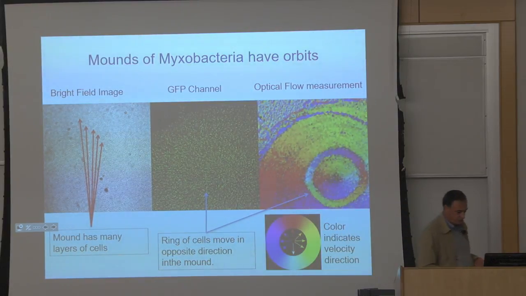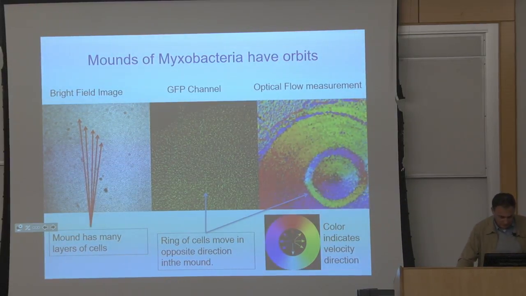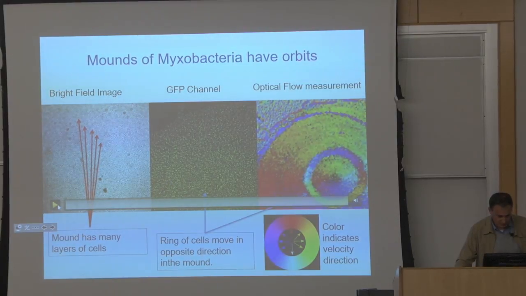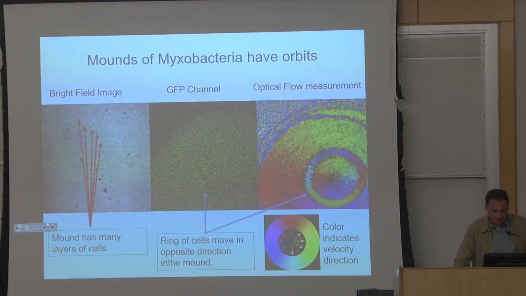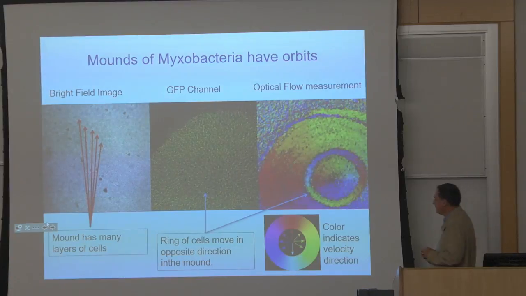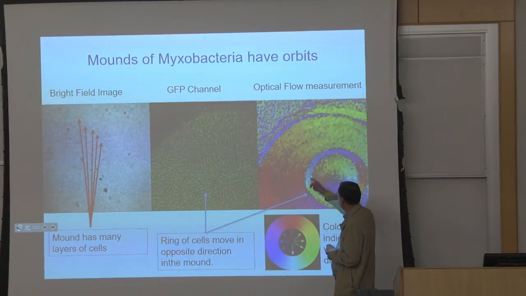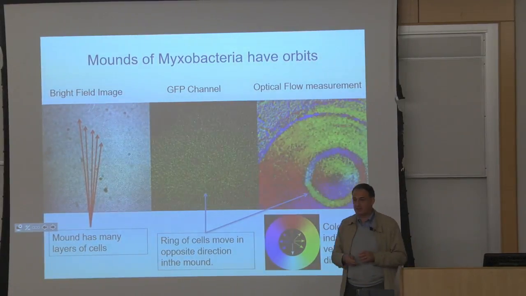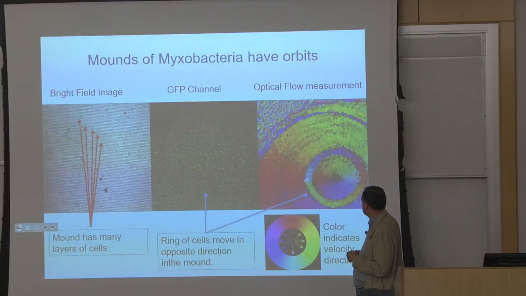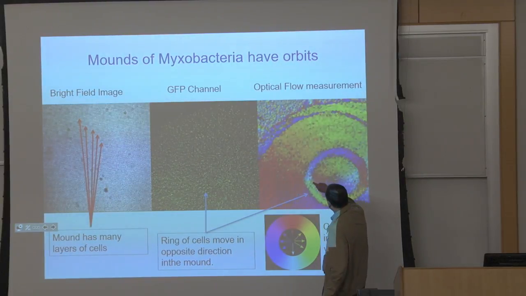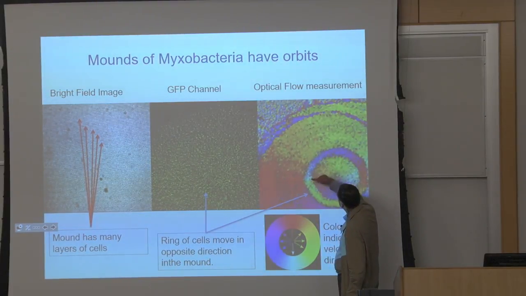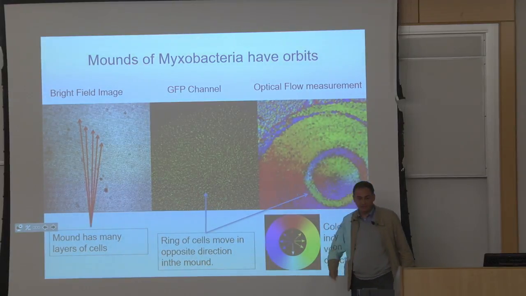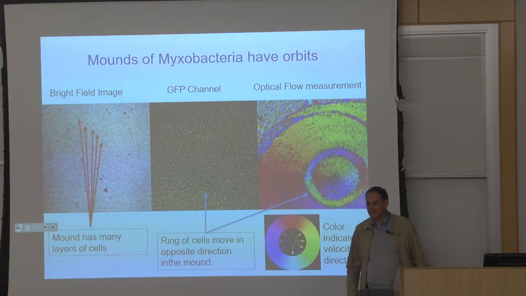So I want to show you how a swarm of bacteria looks like. So there are layers. They self-organize in concentric rings. And this color indicates the phase of the reversal frequency.